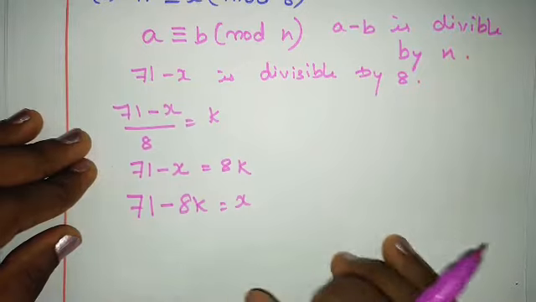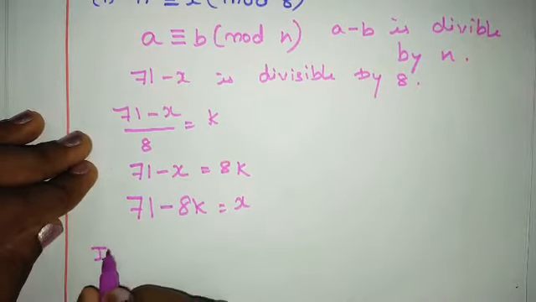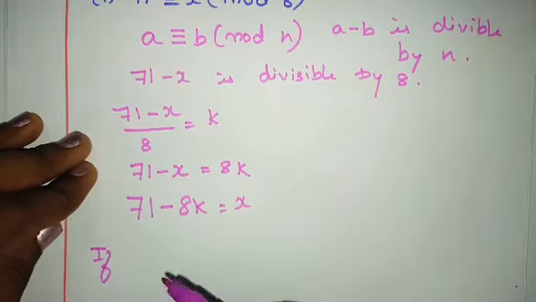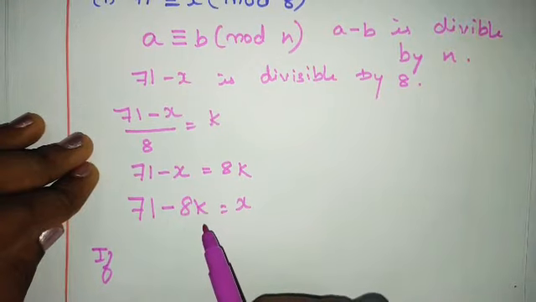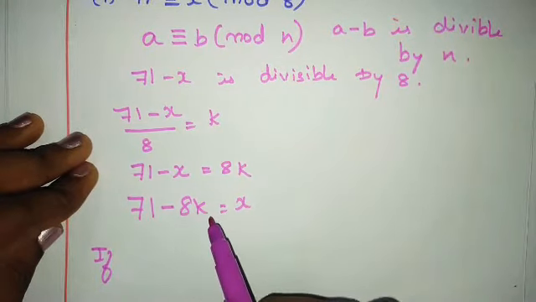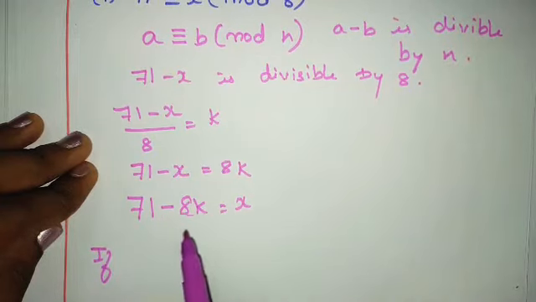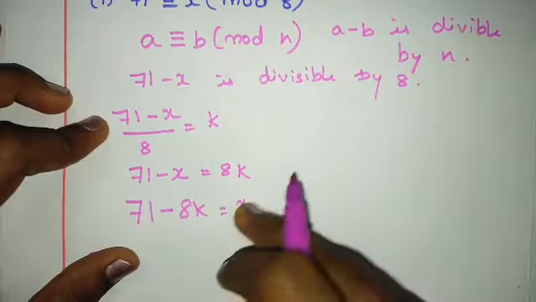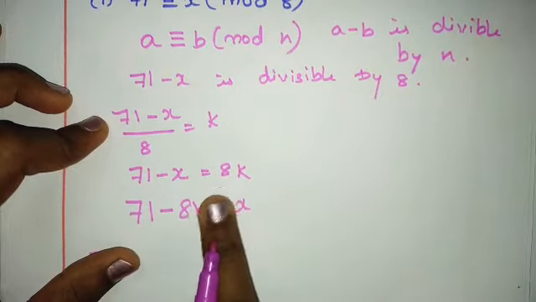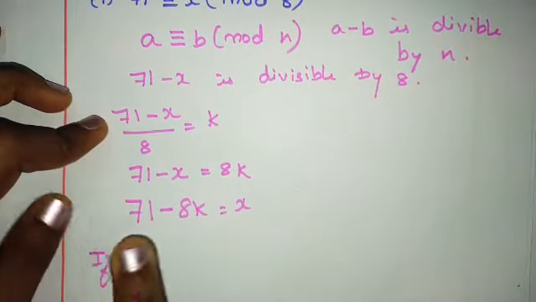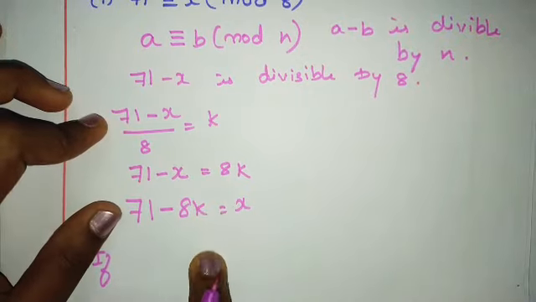So if I take 7 here, what is 8 sevens? 8 sevens are 56, right? So 71 minus 56 is 15. Let me check with 8. 8 eights are 64. So 71 minus 64 is 7.